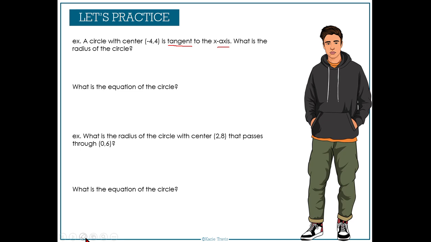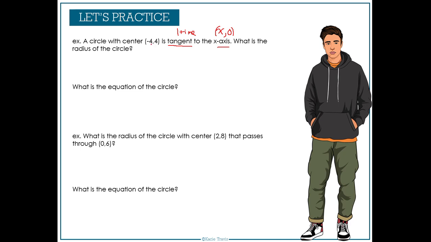So when we talk about tangent, that means it touches one time. So this circle here touches the x-axis one time. Now, what is the x-axis? Remember, the x-axis is whatever the x value is, comma, 0. That's the y value for it.